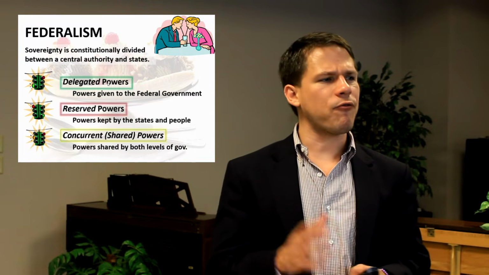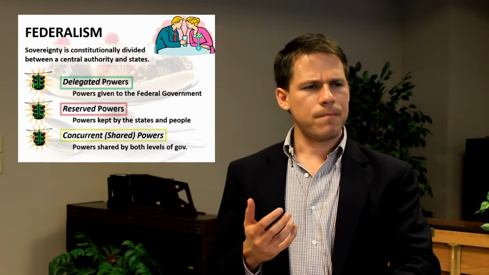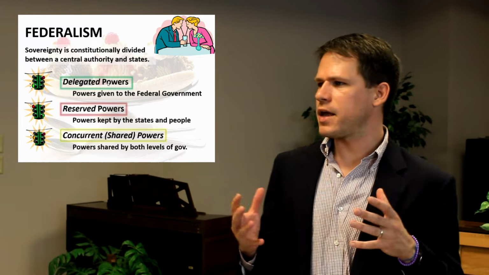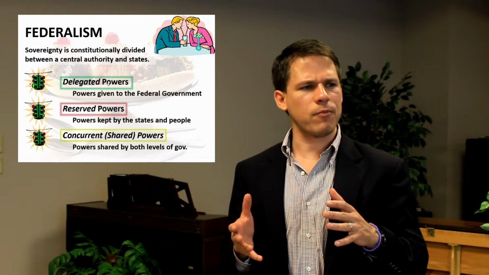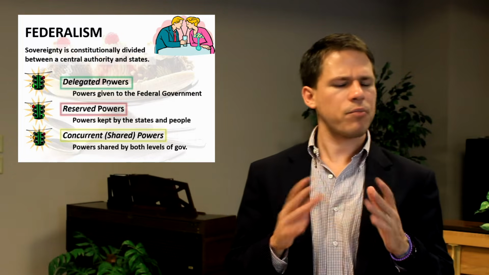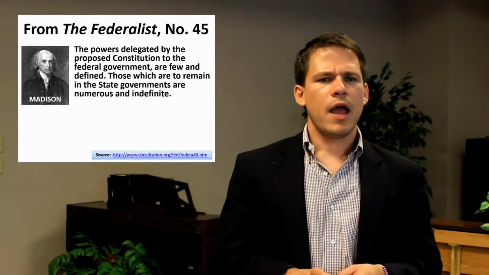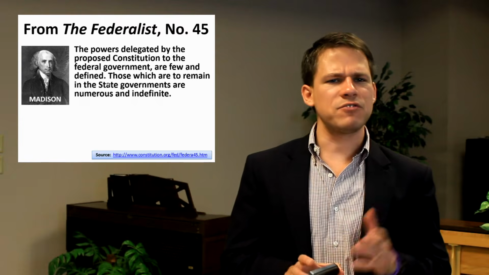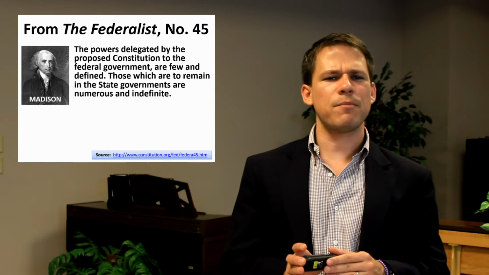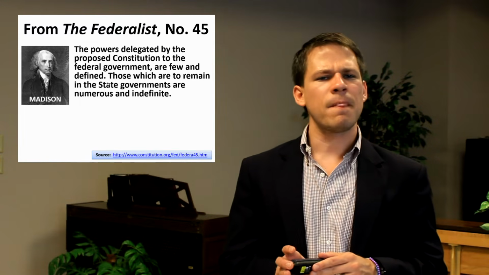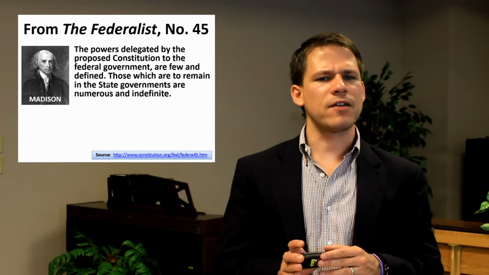So we see in federalism, sovereignty is shared between the federal government and the state governments, so no government is completely sovereign. In Federalist number 45, James Madison wrote, "The powers delegated by the proposed Constitution to the federal government are few and defined.